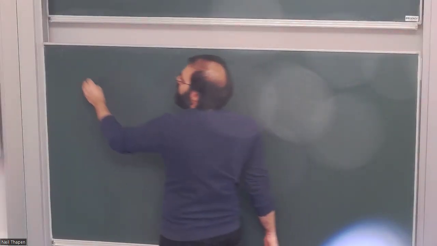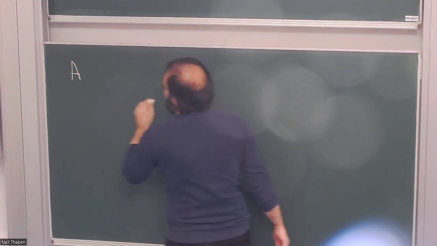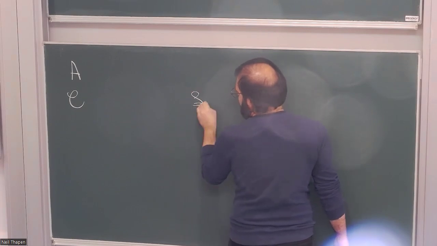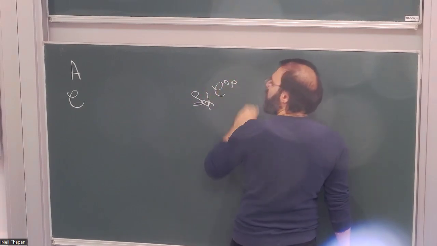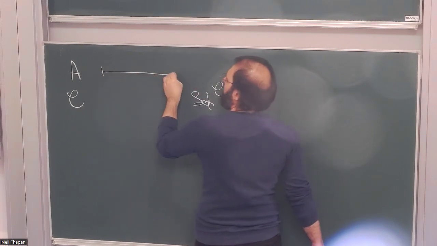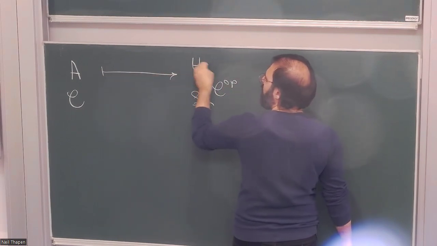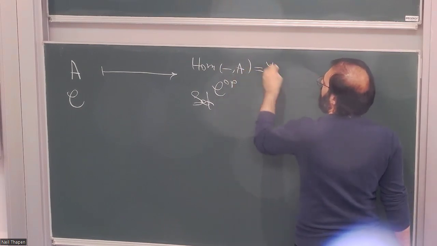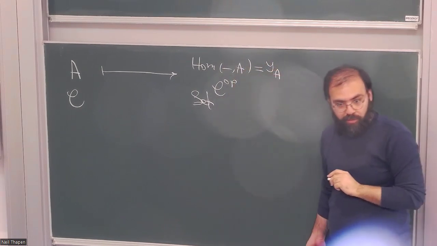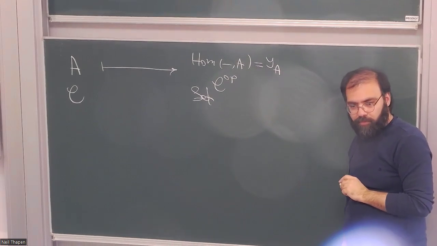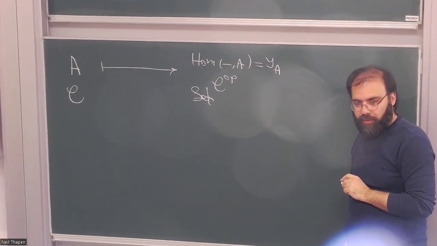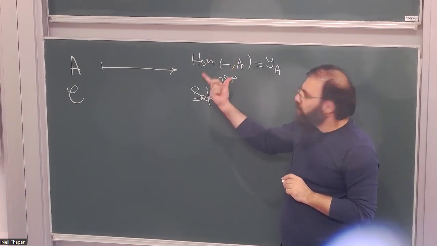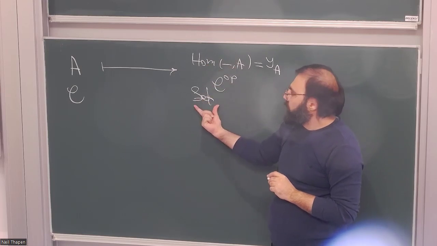If I pretend that, so here I have C, here I have Set to C opposite. To any A, I can assign this Hom(-, A), that by the way, I write like Yoneda of A. This is just some object here, right?